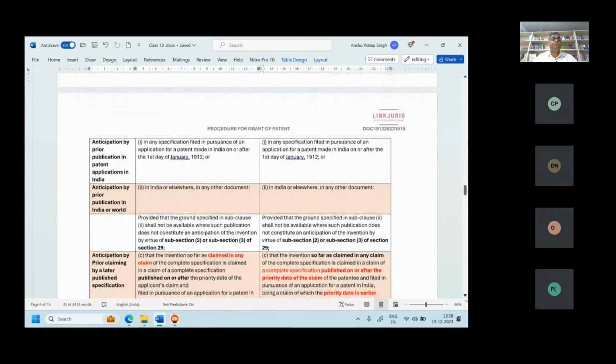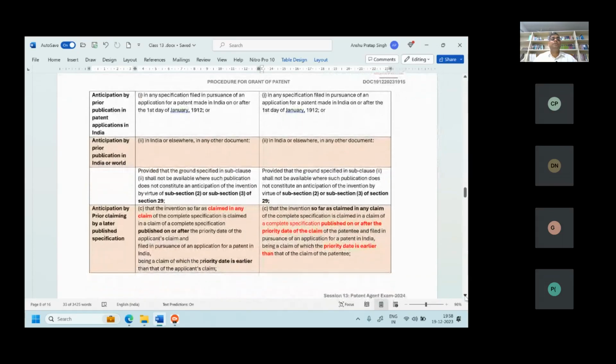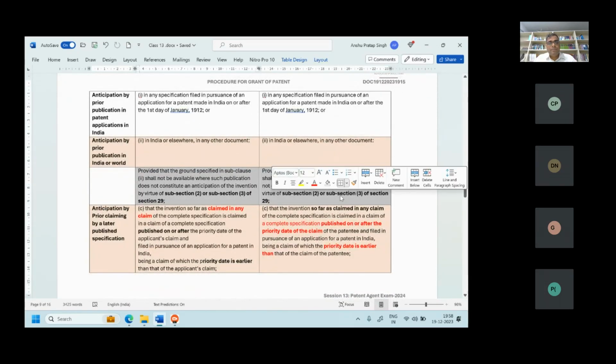Then comes here, exception will be there of 29, which we have. There was an exception in 29(2) and 3, where we talked about if someone has filed it, someone has used it, or someone has published it without my knowledge, and I can prove it that it was published without my consent, and as soon as I got to know about that publication, I have filed this.